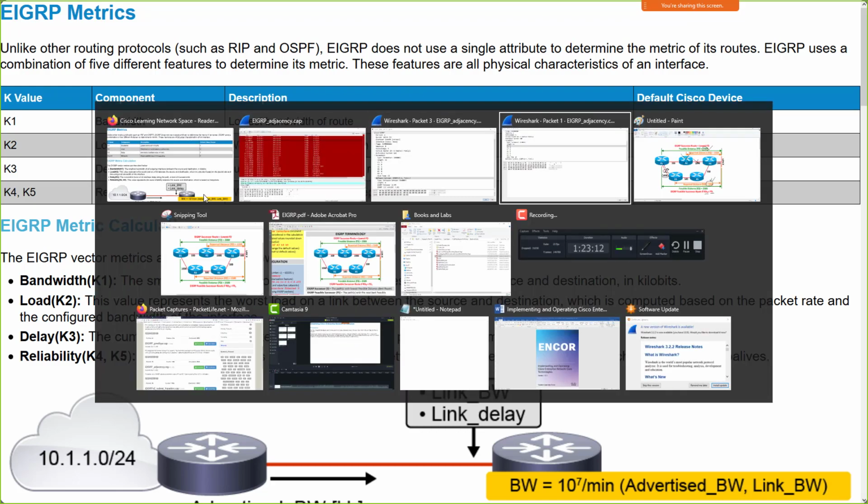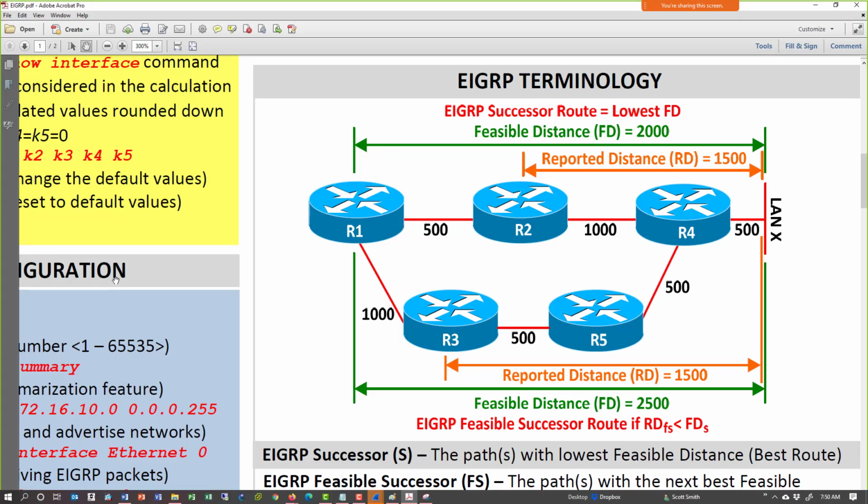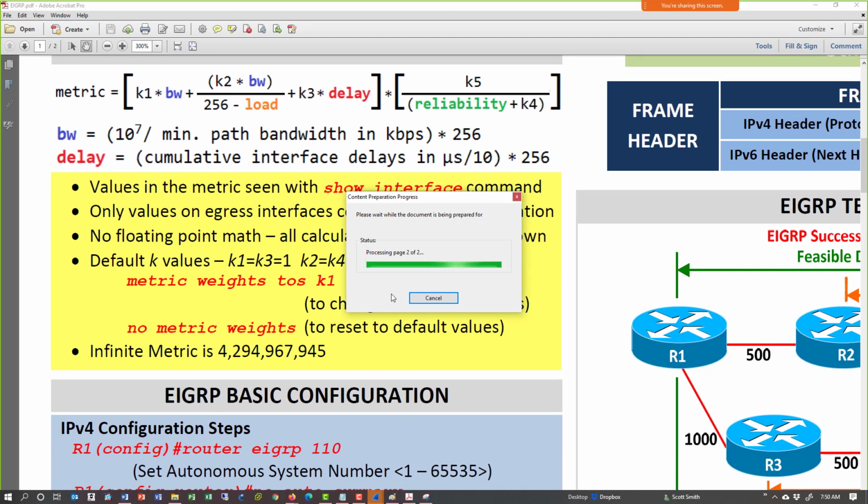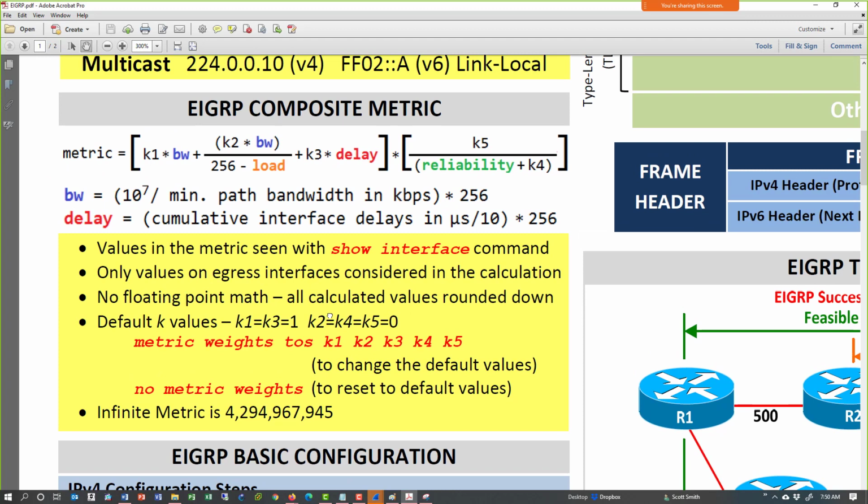Now, if I pull up this document and look at the actual formula, the metric is equal to K1 times the bandwidth plus K2 times the bandwidth divided by 256 minus the load plus K3 times the delay, all of that times K5 divided by reliability plus K4. And if that's not complicated enough, bandwidth and delay have their own subformulas.